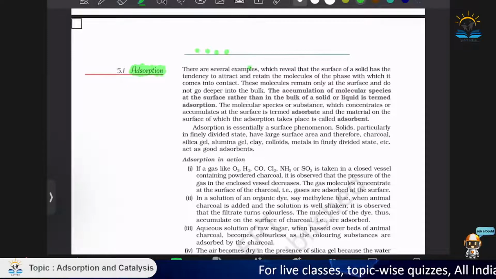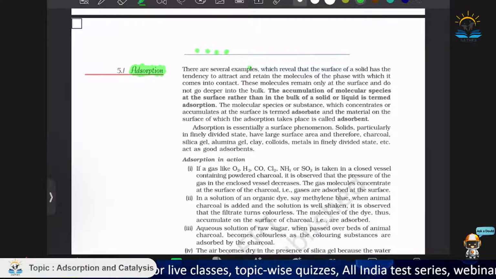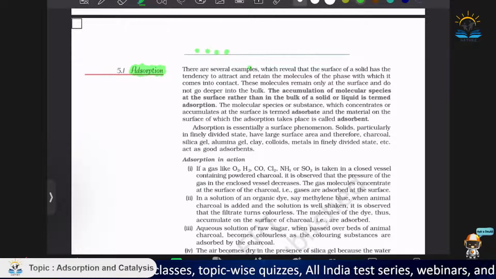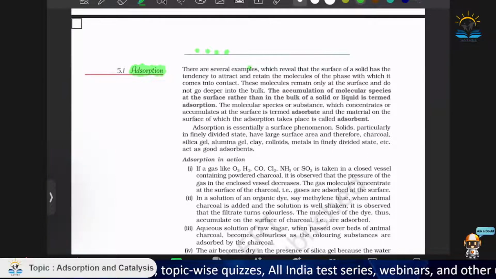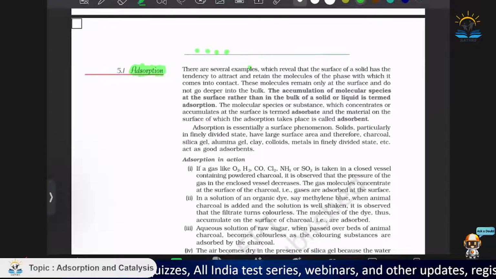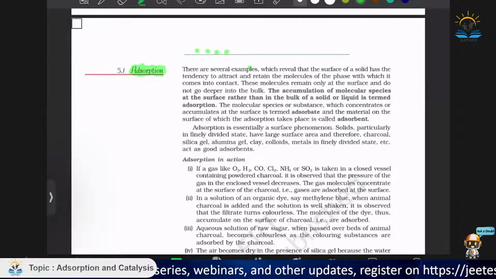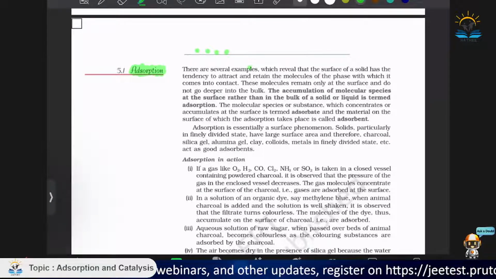They are present only at the surface, although the concentration might vary, but they are not present in the bulk of the matter. Whereas in absorption, they penetrate the matter basically.